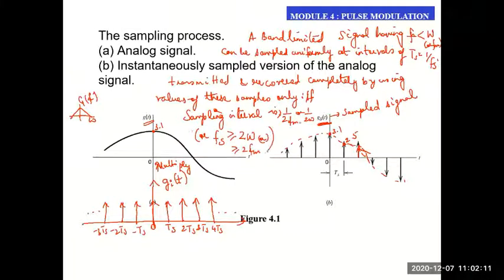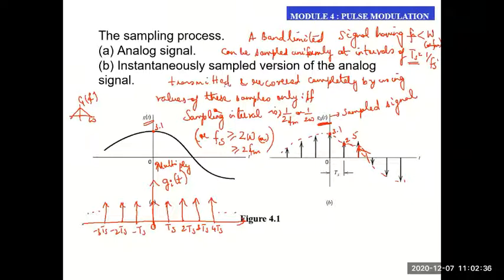Okay, so this is the essence of the sampling theorem. What does the sampling theorem tell us? It tells us that any band limited signal, which has its highest frequency component less than W, can be sampled uniformly at intervals of every time period Ts. Then it can be transmitted.